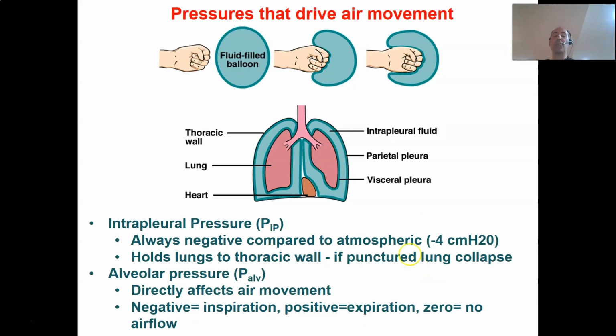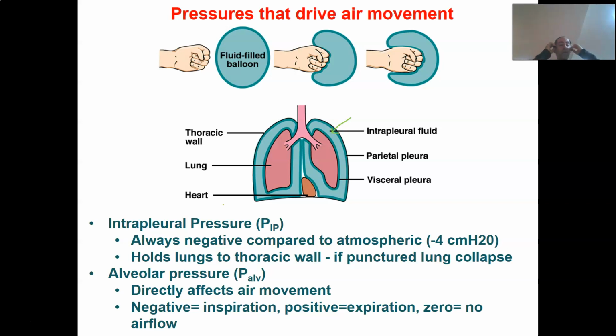The intrapleural pressure, the pressure in this space here, is abbreviated big P for pleura, and IP for intrapleural pressure. This pressure is always negative compared to atmospheric. It sits at about -4 centimeters of water.